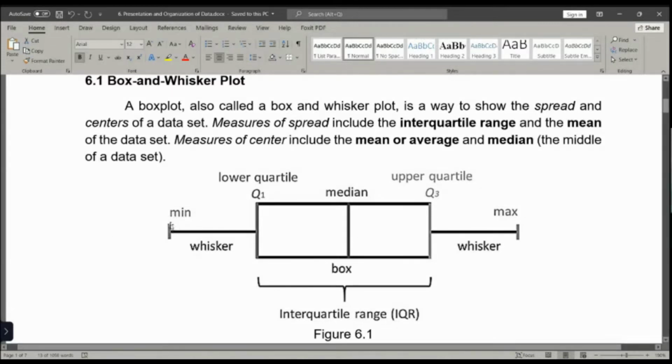Let's start with the minimum value. This is the smallest, the lowest value of your data. We have the first quartile or the lower quartile, the median, the middle value of your distribution, the third quartile, and lastly, the maximum value.